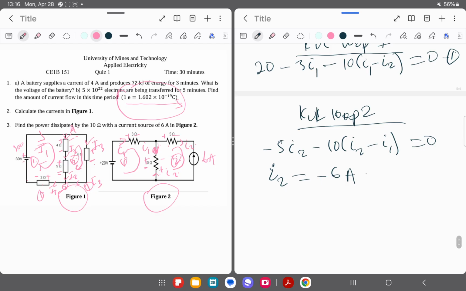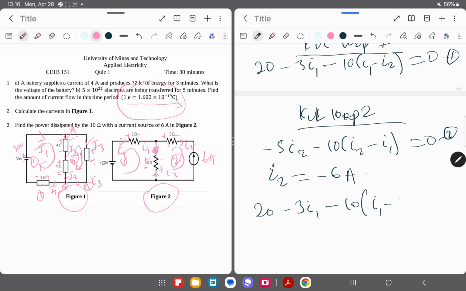I can even pick any of these solutions, replace the current I2, and then solve. So let's say this is equation 2, and solve for I1. So let's say we are taking equation 1. I can just write 20 minus 3 I1 minus 10, which is I1, minus, here you can see this is I2, which is now minus 6.